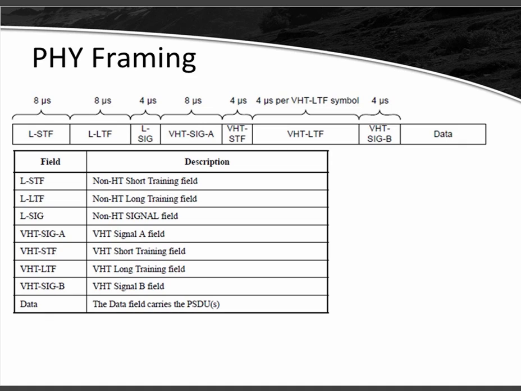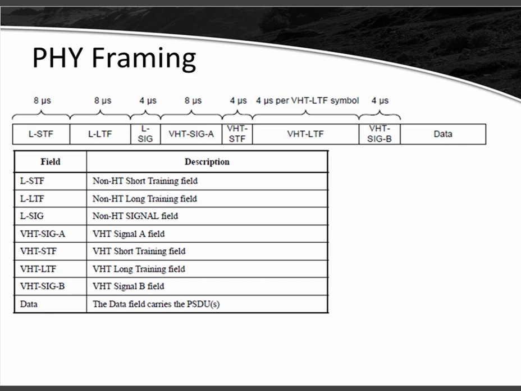What processing does the physical layer do? It adds the LSTF, LLTF, LSIG, VHT SIG-A, VHT STF, VHT LTF, VHT SIG-B. It adds those things that are prepended before the data in the graphic here. And this graphic, by the way, comes right out of the 802.11ac standard. You'll notice that this represents, instead of octets, it represents microseconds.